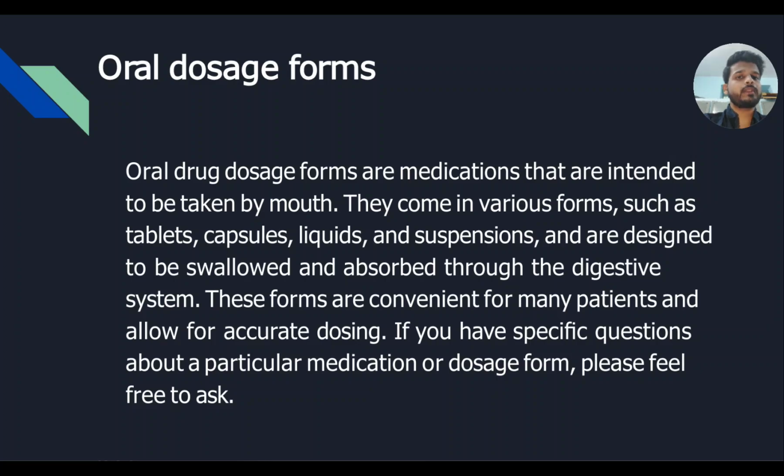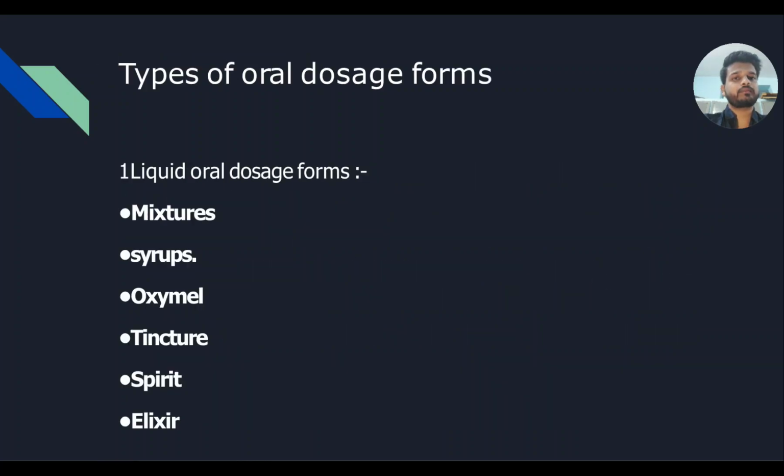They come in various forms such as tablets first, next capsules, third liquids, and next suspensions, and are designed to be swallowed and absorbed through the digestive system. Obviously we are taking them through the mouth, so they are absorbed in our digestive system. These are convenient for many patients and allow for accurate dosing.